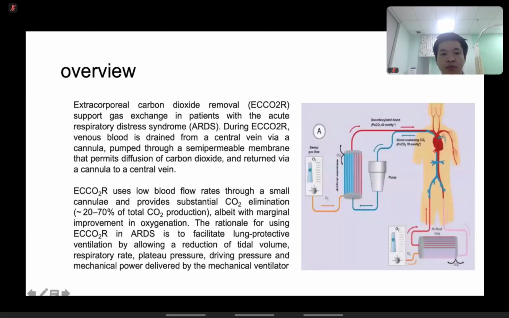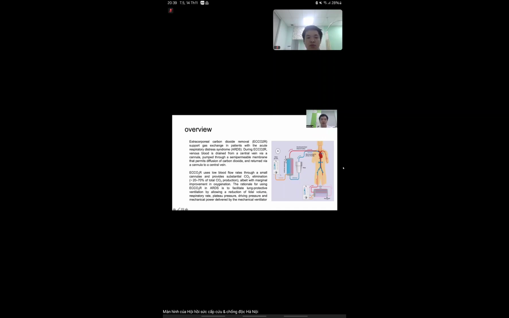Extracorporeal carbon dioxide removal, ECCO2R, supports gas exchange in patients with acute respiratory distress syndrome. During ECCO2R, venous blood is drained from a central vein via a cannula, pumped through a semi-permeable membrane that permits diffusion of carbon dioxide, and returned via a cannula to a central vein.